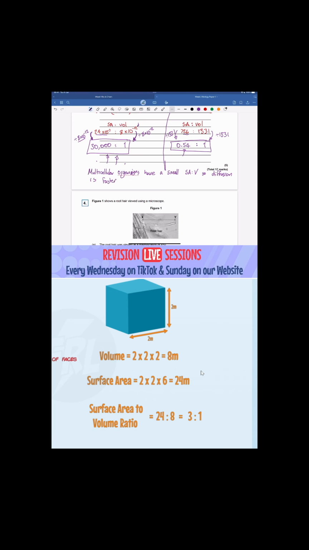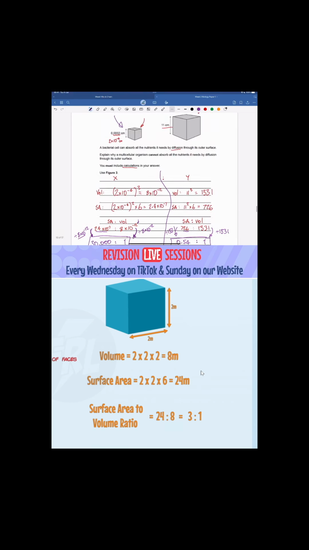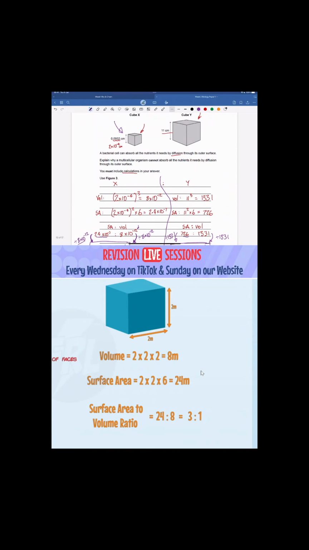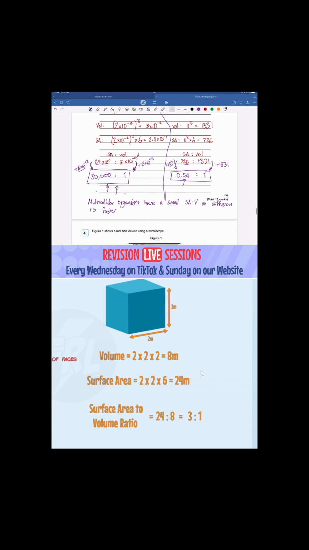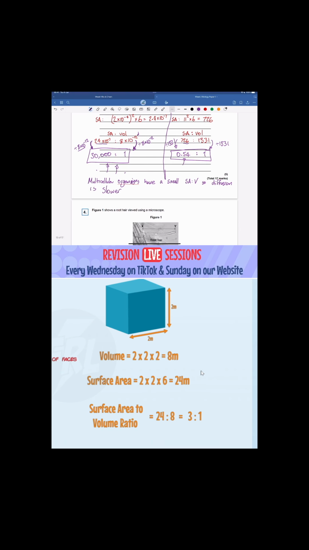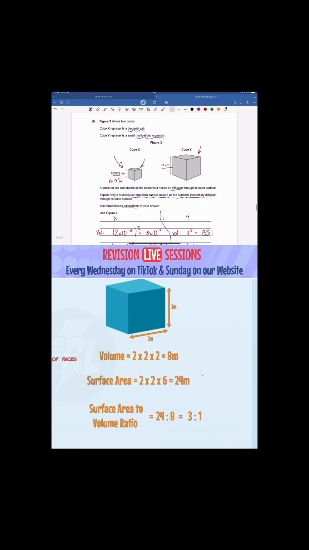That's the last point to make, because that's what the question's asking. Explain why multicellular organisms cannot absorb all they need by diffusion. Basically, diffusion is slower. So there's less diffusion. So because there's less diffusion, it means they can't absorb all the nutrients they need.